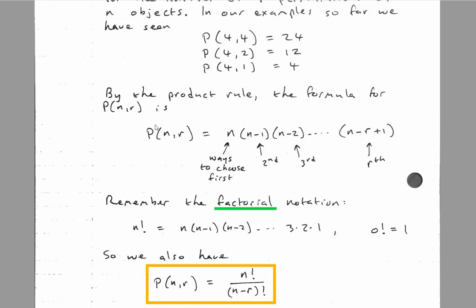We're ordering r things out of the n. So choosing the rth, there are n minus r plus 1 ways to choose that last one. You see that it's this number plus 1. So then this product, that's the formula for P(n, r).